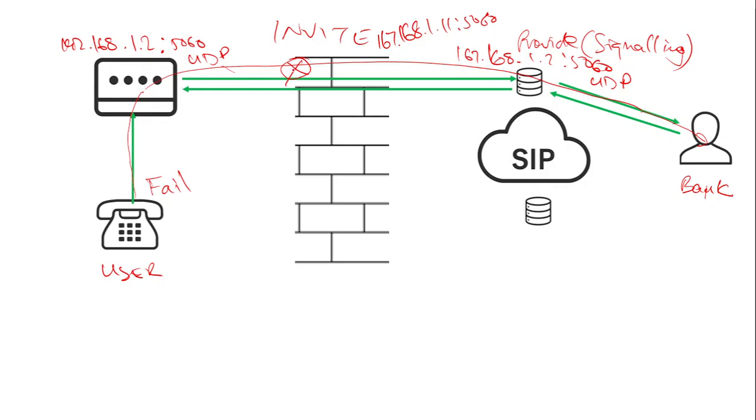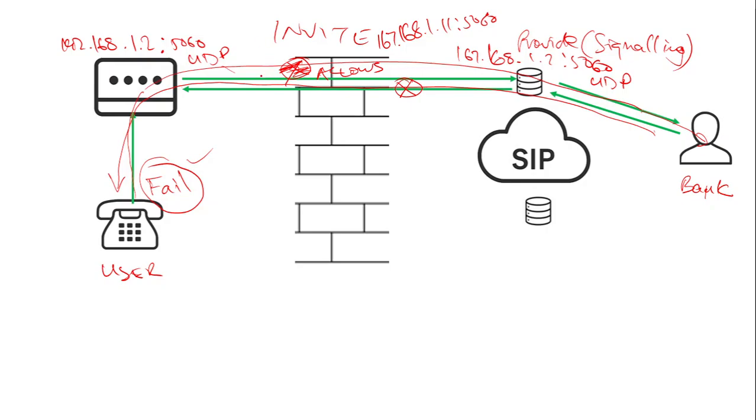Also, if the firewall allows this traffic to go through, the provider is going to send a response to the invite, and if that response is not allowed to come through on the firewall, and you don't receive a response, the call setup is going to fail.